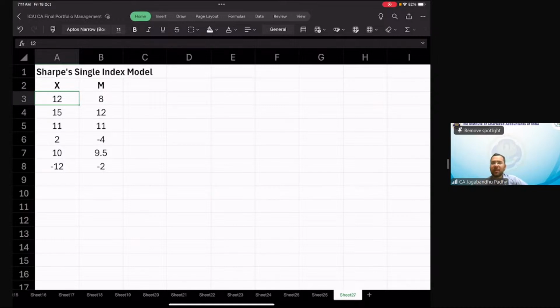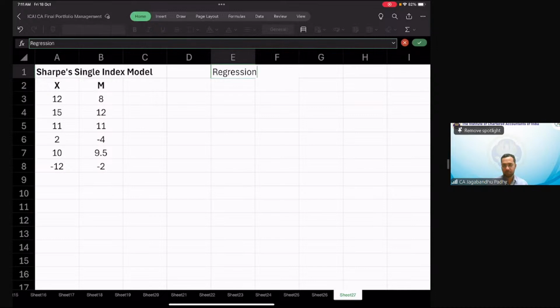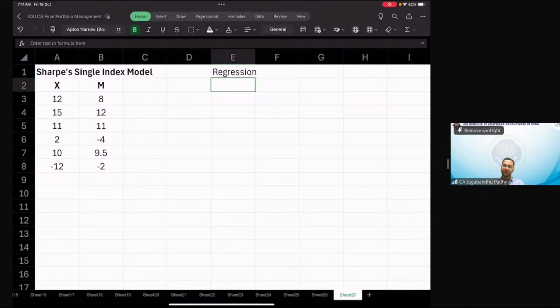And some of you might have even learnt it in your college days, like in your graduation. Do you know something called regression? Yes, it's a regression of X on Y and Y on X, correct.